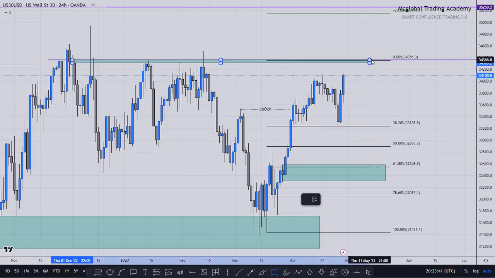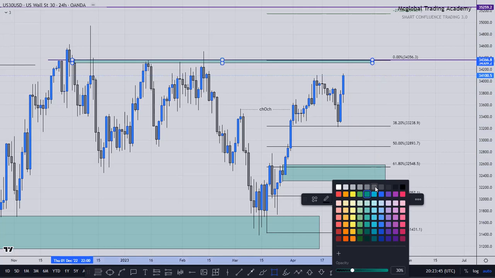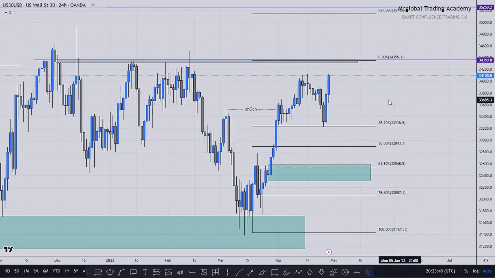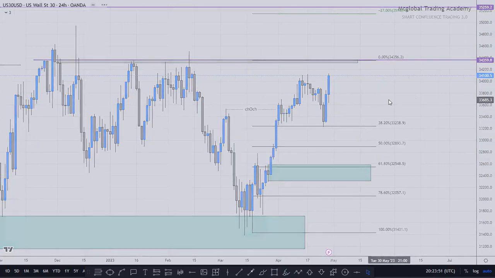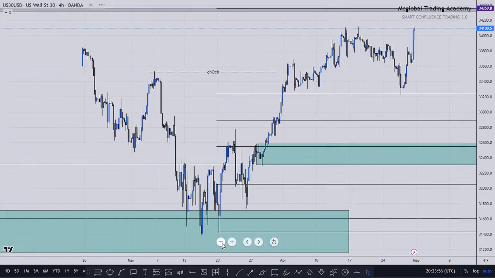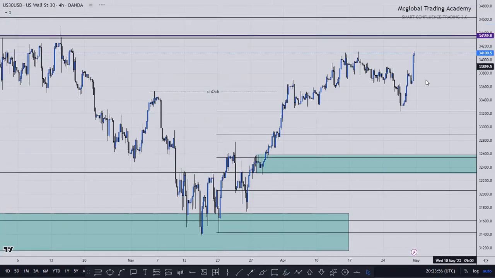If this resistance is strongly respected, the market will drop and come back to test that demand before continuing all the way up. So now going down to 4 hour, 1 hour, I'm simply going there to look for confirmations of what I'm seeing on the high time frame.